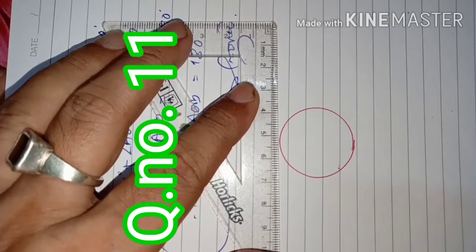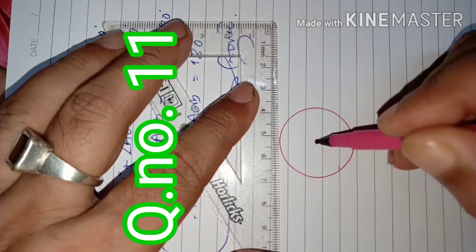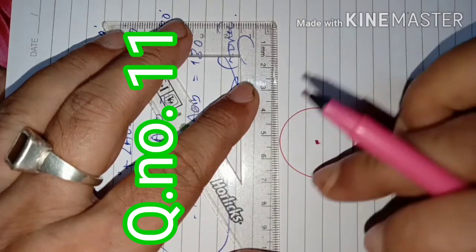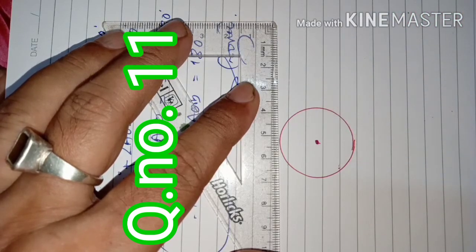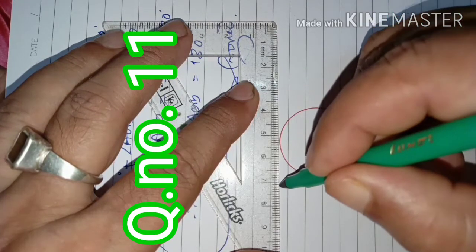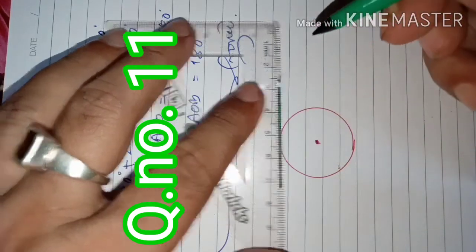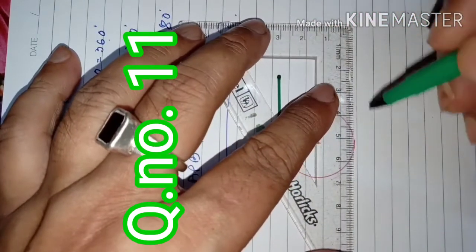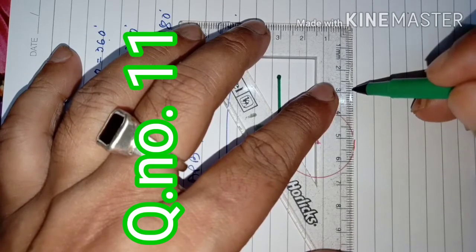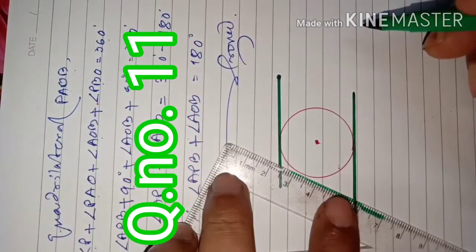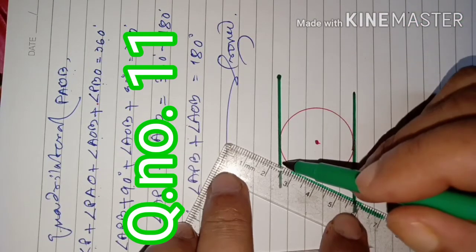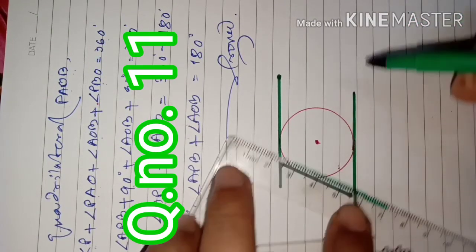So here this is the circle. A parallelogram circumscribing a circle means outside a circle there will be a parallelogram. I am going to draw a parallelogram which will circumscribe this circle.